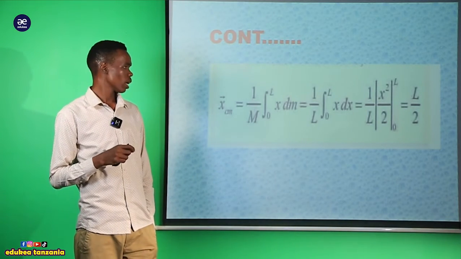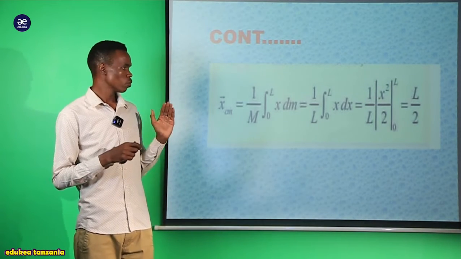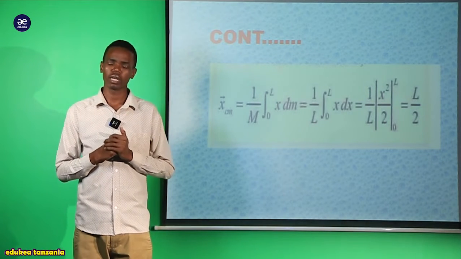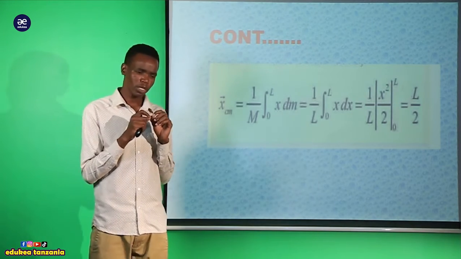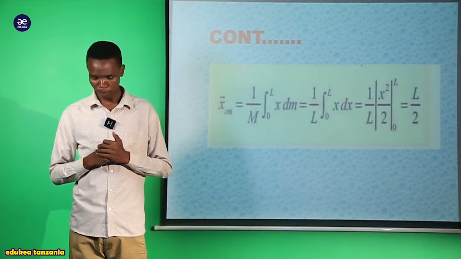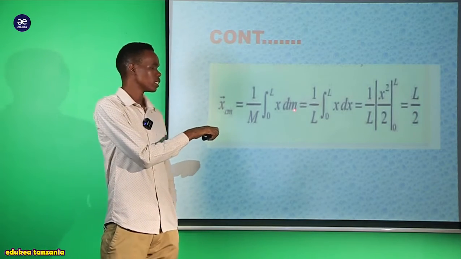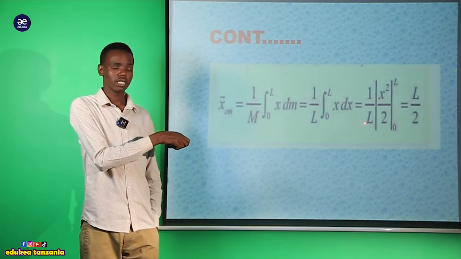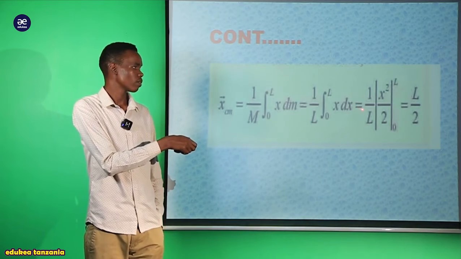But my dear student, we are supposed to say that this mass m, huyu m atakuwa the single masses must be equal to the L, ni sawasawa na length of the uniform load. Lakini yule dm tutamwambia kwamba mwenyewe ni sawasawa na small change of the x, watafanana. Kwa kama watafanana, sasa kinachotokea ni nini? Instead of writing in terms of this dm pamoja na m, tutamwambia ni sawasawa na 1 over L integral wa x, kwa sababu alikuwa na change along the x hapa, ambao itakuwa sasa ni x alafu dx.